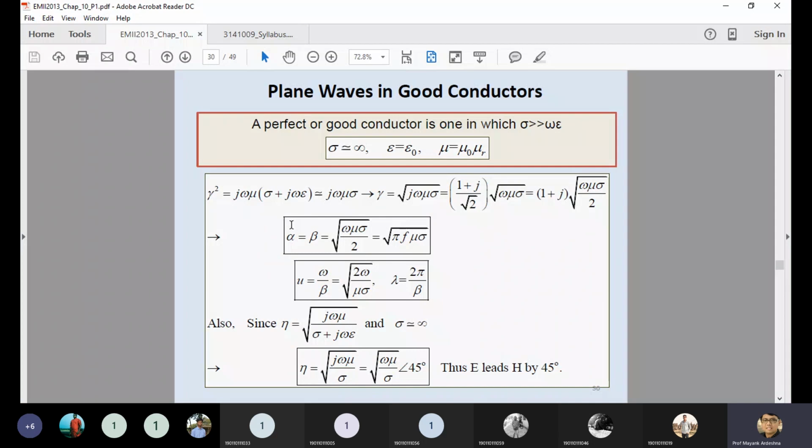So in this case conductivity is infinite, epsilon is equal to epsilon 0, mu is equal to mu 0 and mu r, and they modify the parameters alpha and beta because both components are present, so I can easily find the intrinsic impedance. So you should know the conductivity, the alpha and beta, and the intrinsic impedance for the conductor, free space, and the dielectric.